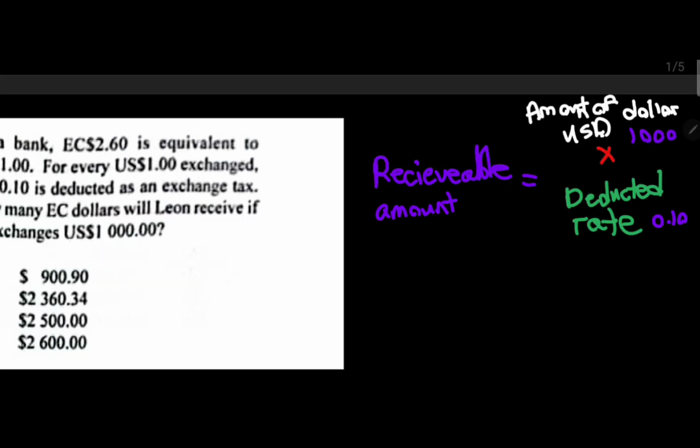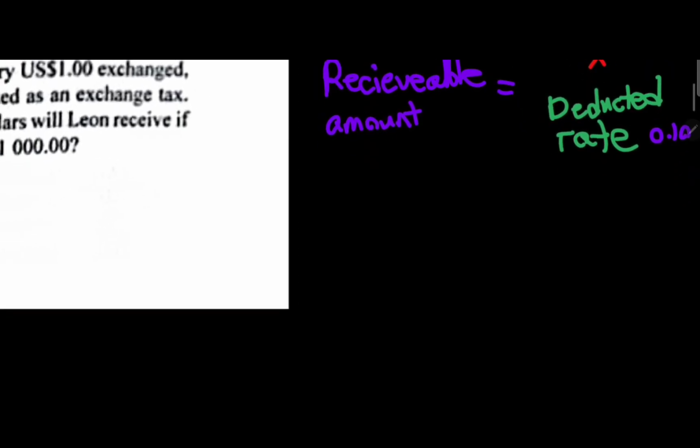So in general, the receivable amount will be equal to the amount of US dollars, which is 1,000, multiplied by the deducted rate of 10 cents EC. So we're just going to commence with the multiplication. It's 1,000 being multiplied by 10.